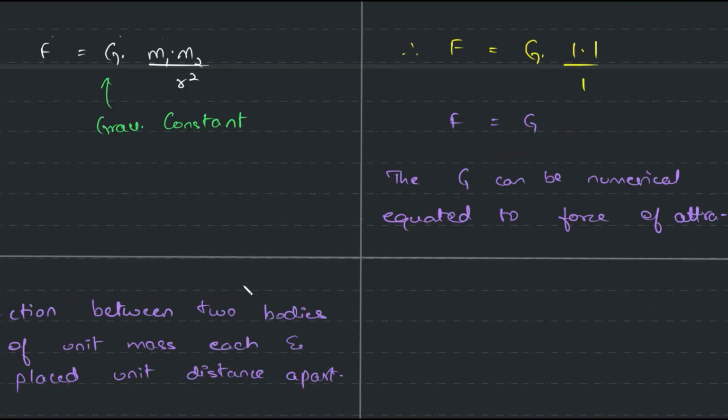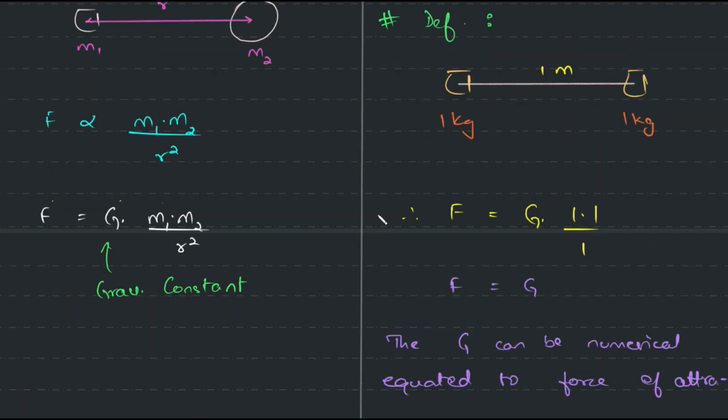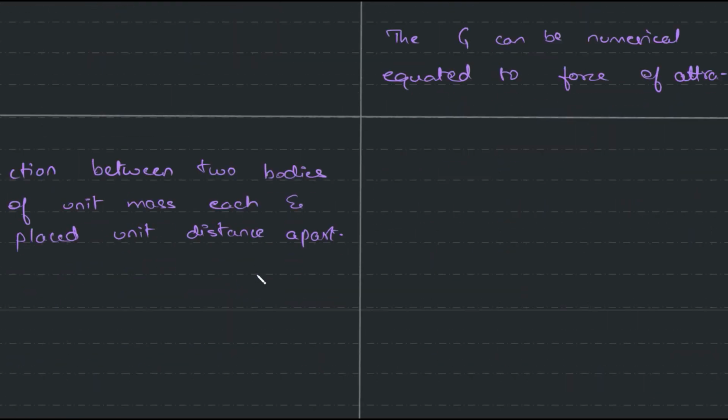Perfect. So this is one of the ways of defining G. And this is how we'll find the value of G also, using something like this.